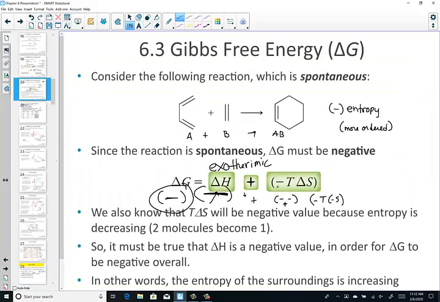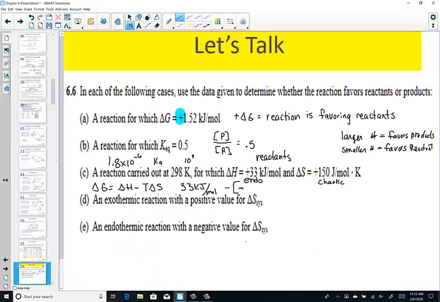If I do positive negative T delta S, I'm just rewriting that as negative T delta S. And then the delta S, but remember this is joules, so 150 joules. I'm going to just remind you that we have to put 150 joules over 1,000 to get it to be a kJ, and then we could have like units.